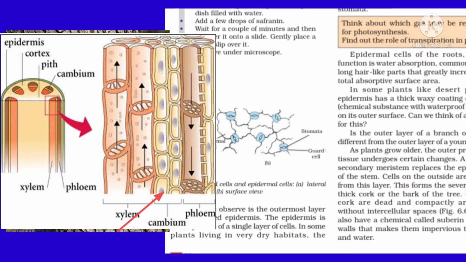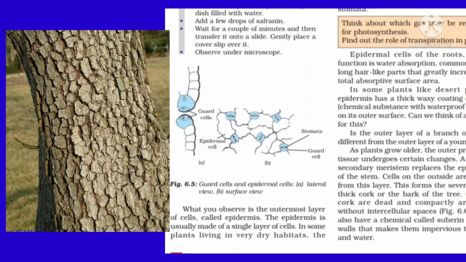So when plants grow older, this cambium present in between the vascular tissues, that is xylem and phloem, shows secondary growth and forms the thick outer coating, that means bark.